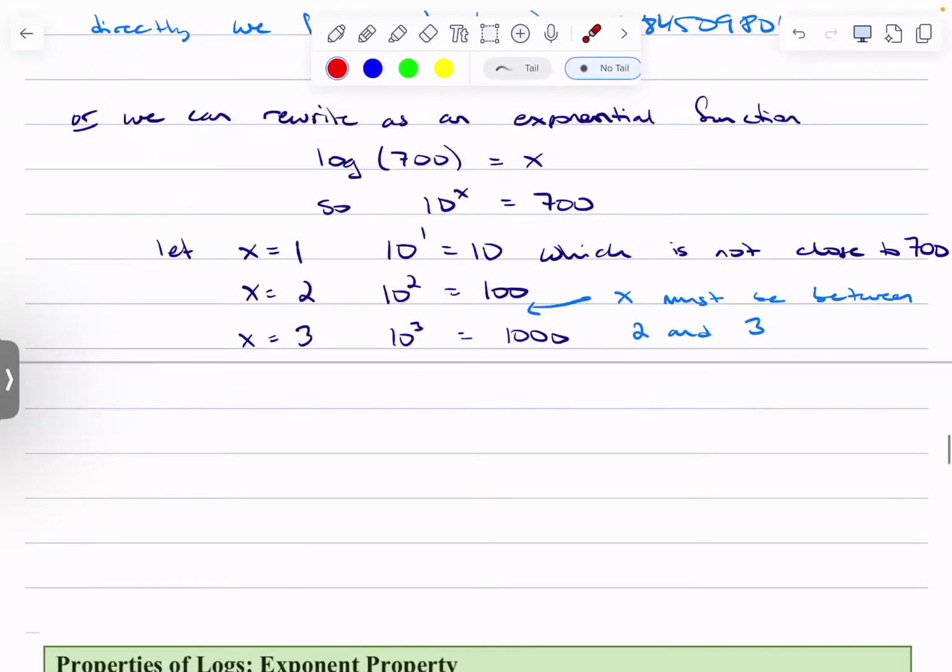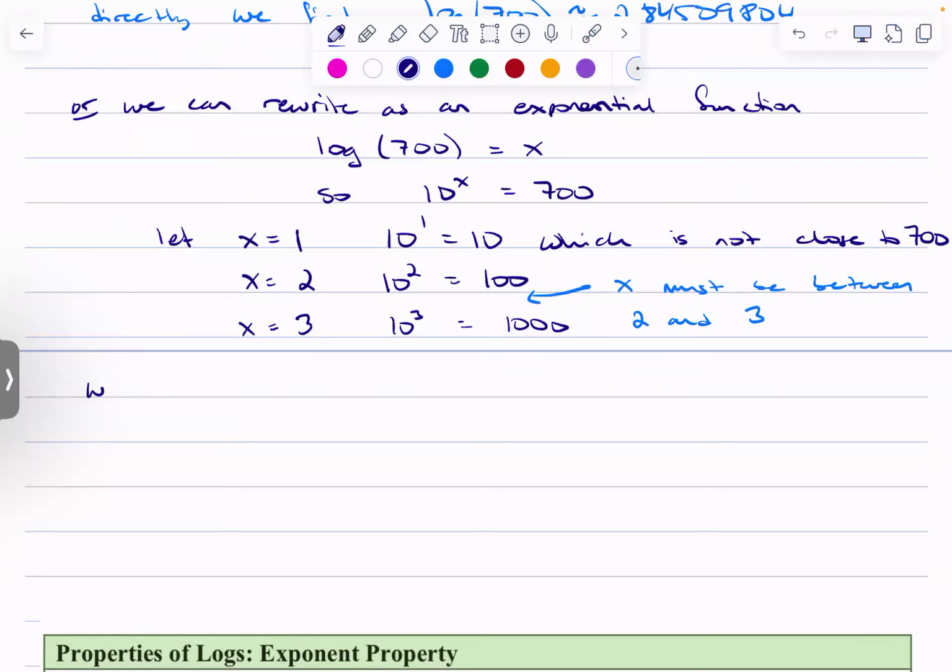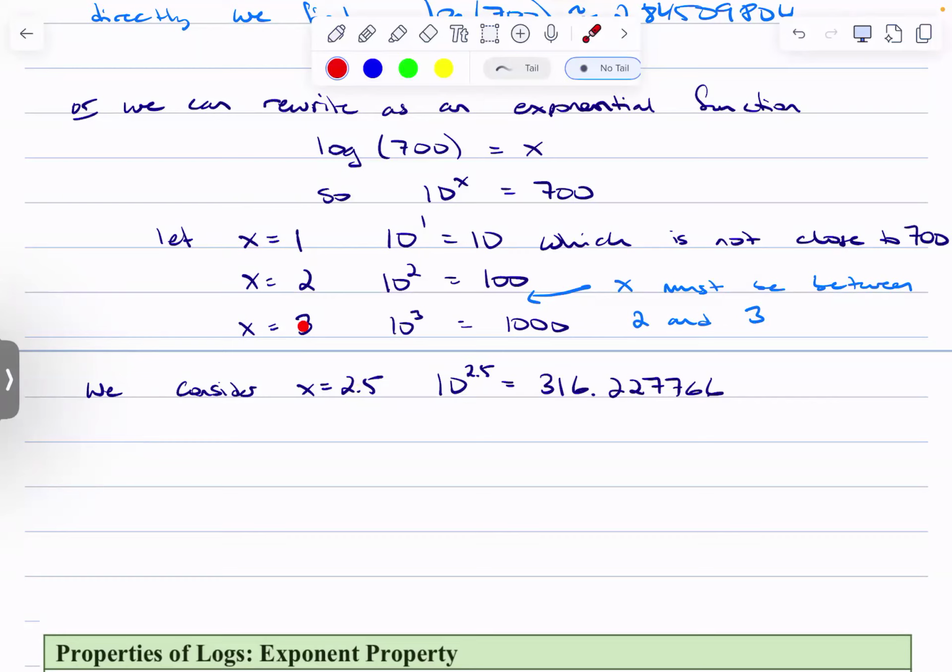So we consider x equals 2.5, 10 to the 2.5 is 316.227766. So we need to bump it up, somewhere between 2.5 and 3, but not at 3, because then I've gone too far. And so maybe let x be 2.75, halfway between 2.5 and 3.